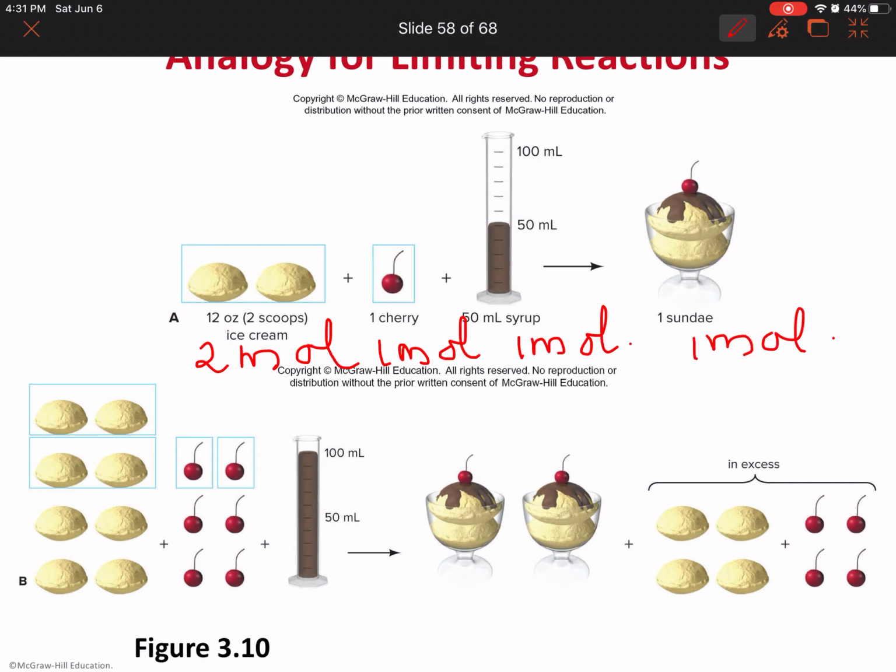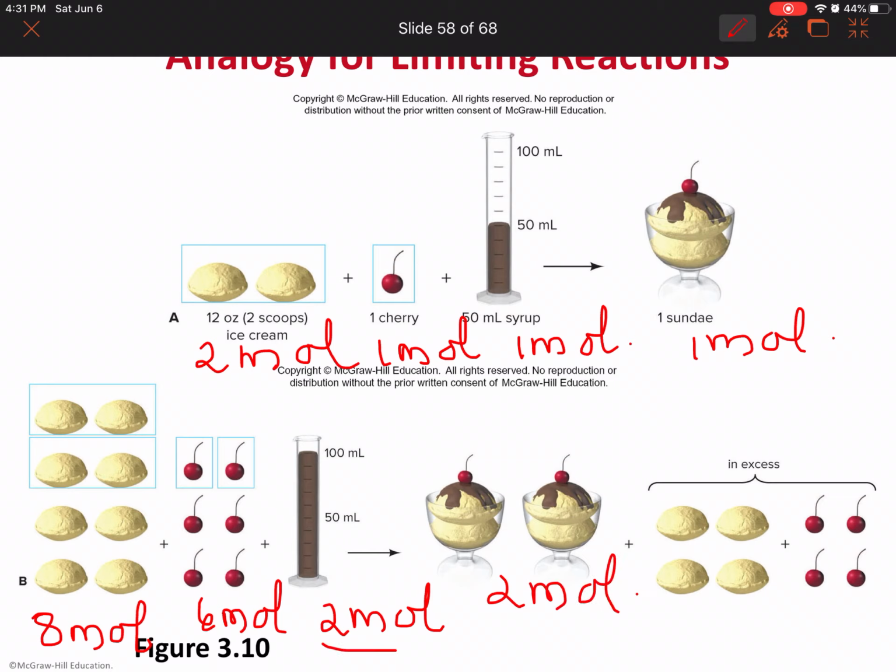Okay, right now you have 2, 4, 6, 8 moles ice cream, 6 moles cherries, and 2 moles syrup, right? So the 2 moles syrup is a limiting reactant, so we make 2 moles product.